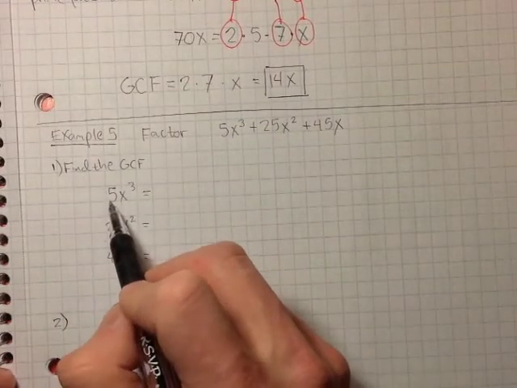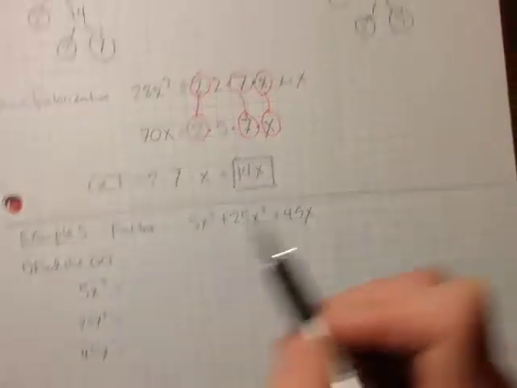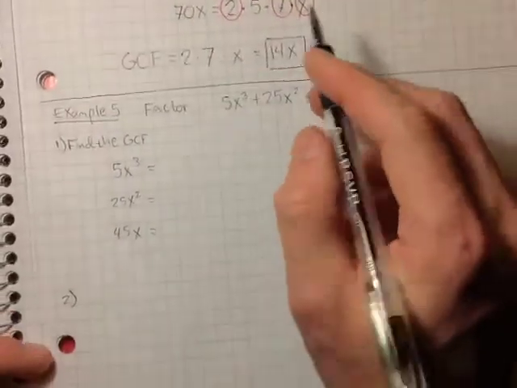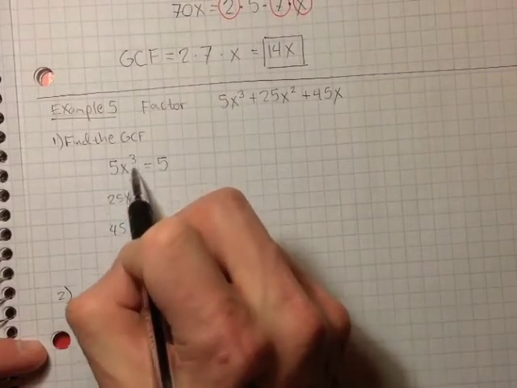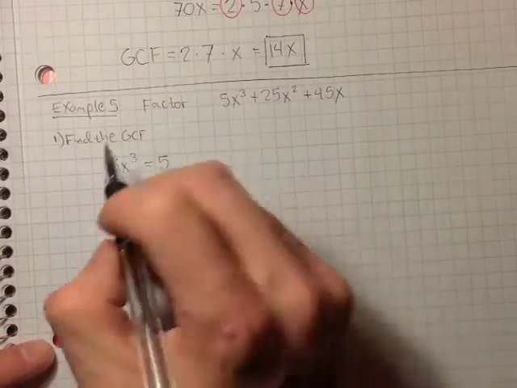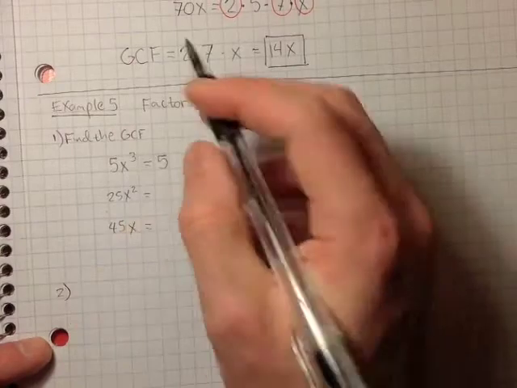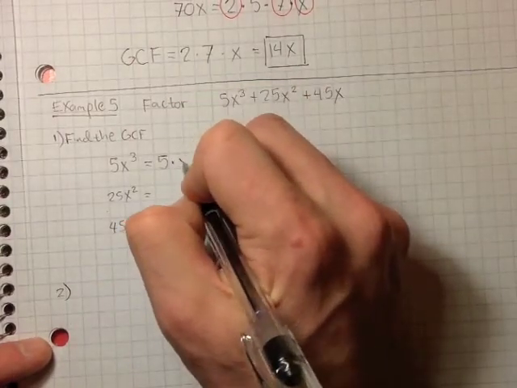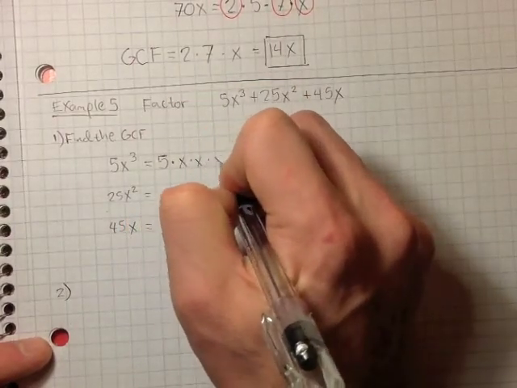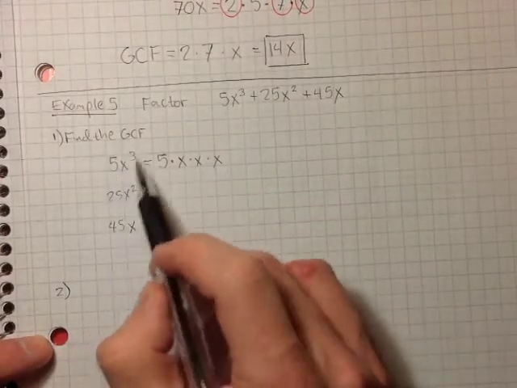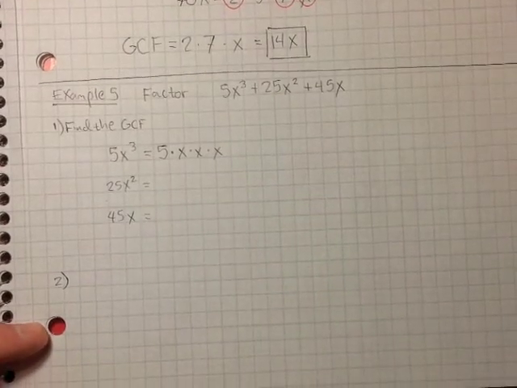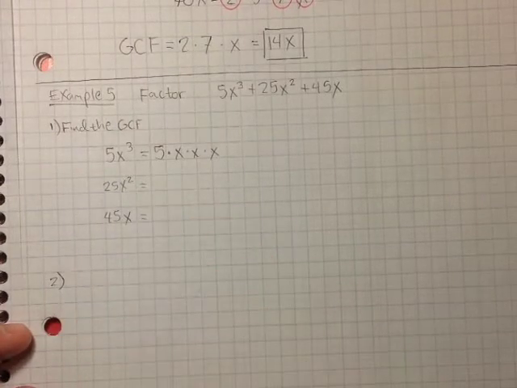Now, 5 is prime, as we've seen. So 5 is in the prime factorization, and then we have 3 x's multiplied together. So 5x cubed, the prime factorization of that is 5 times x times x times x. That's as simple as we can write the factors of that term. Now how about 25x squared?